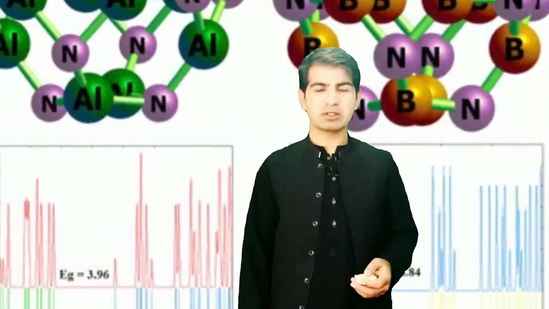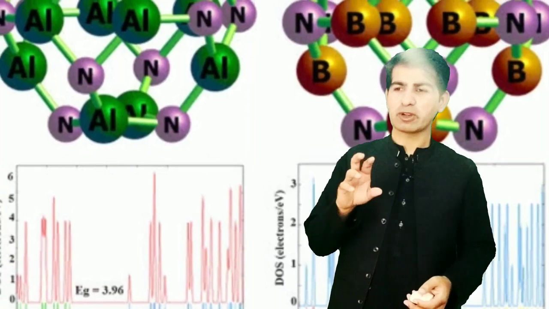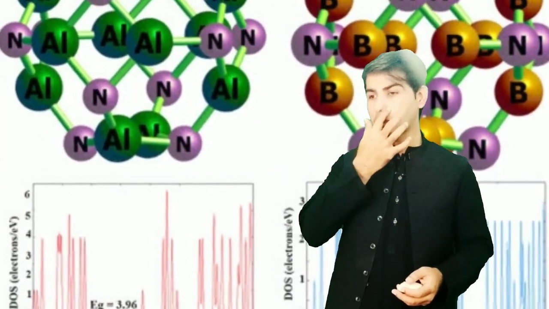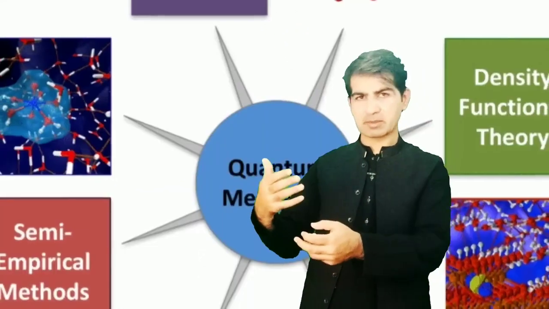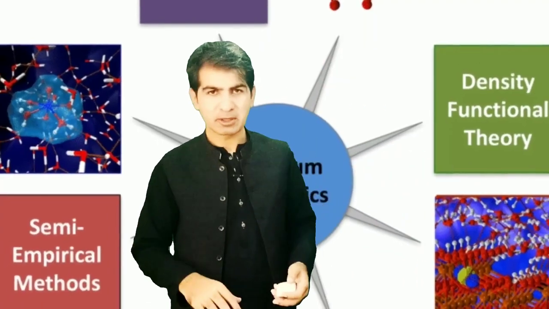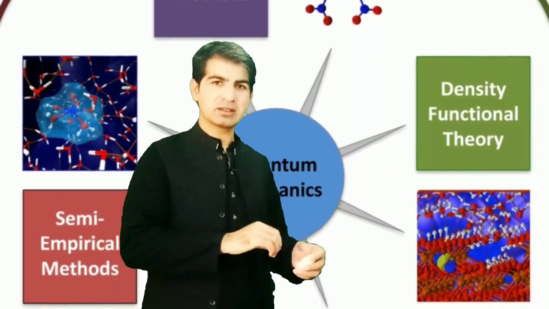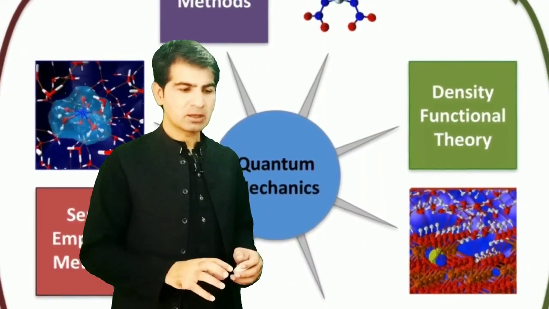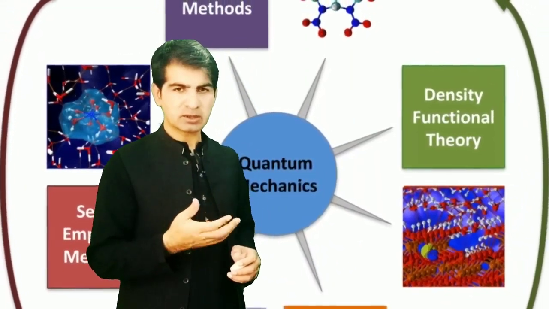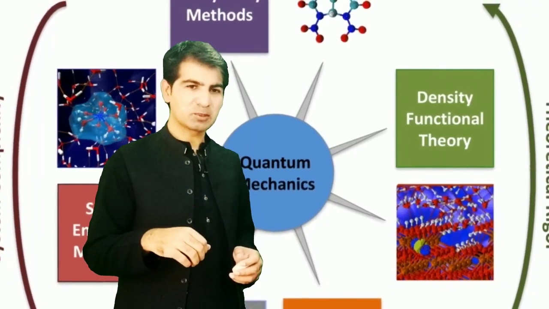So computational chemistry is very much important for the experimental chemist. A time is coming when the experimental chemist will 100% use computational chemistry. They will work together, or he will learn computational chemistry.